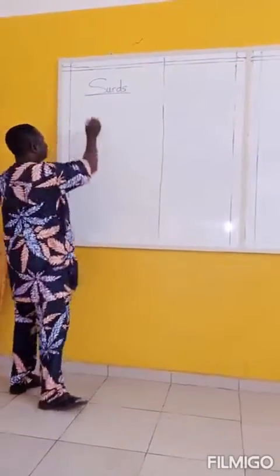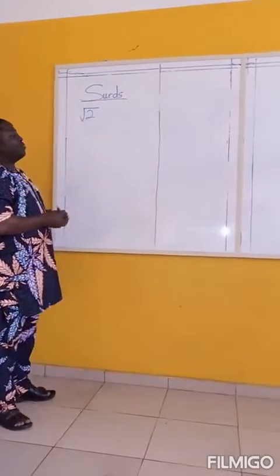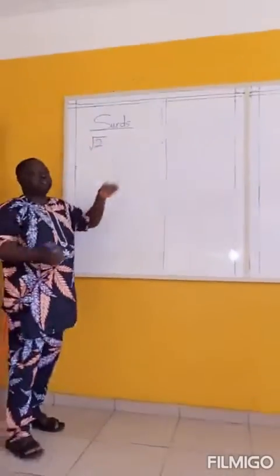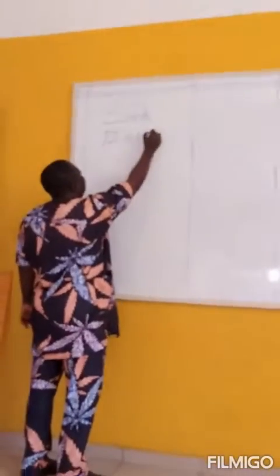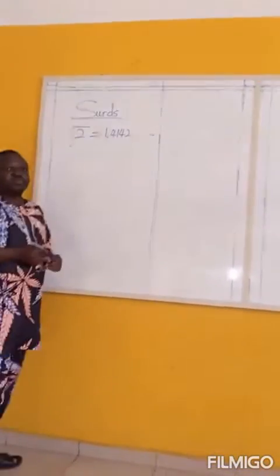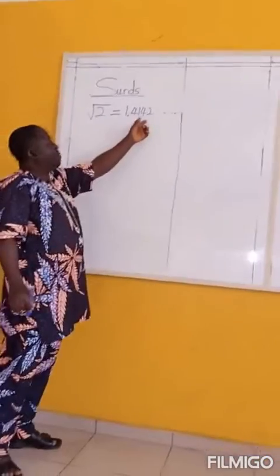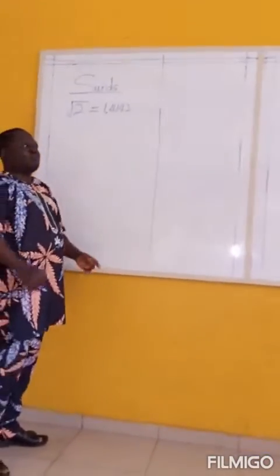How do I know? If you press your calculator to obtain the value of root 2, you will find out that the result is 1.4142 and so on. So if you take a look at this number here, there is no way we can express it as a single fraction.